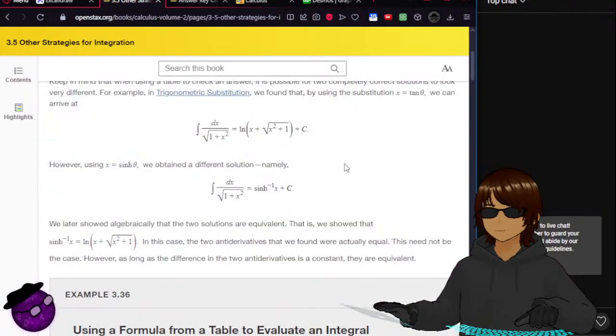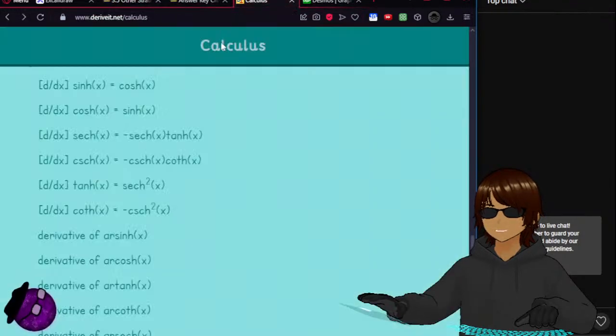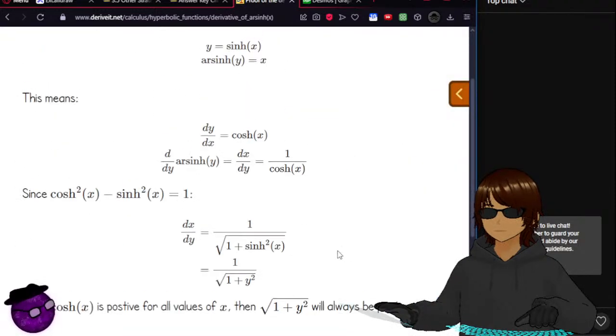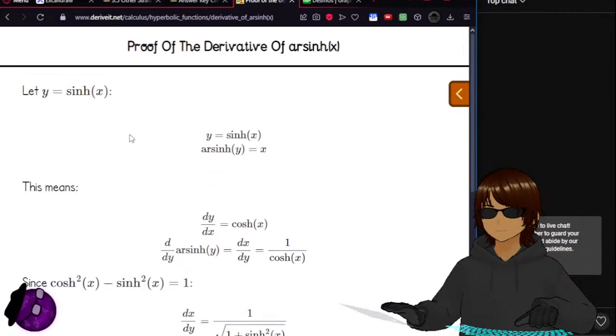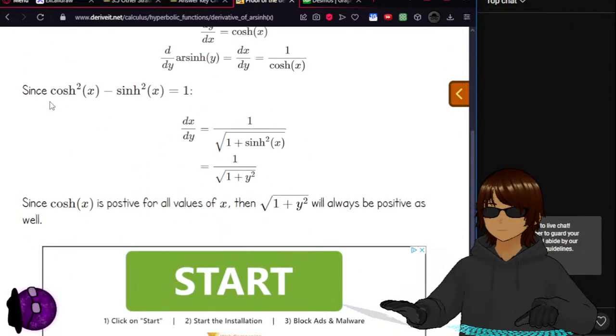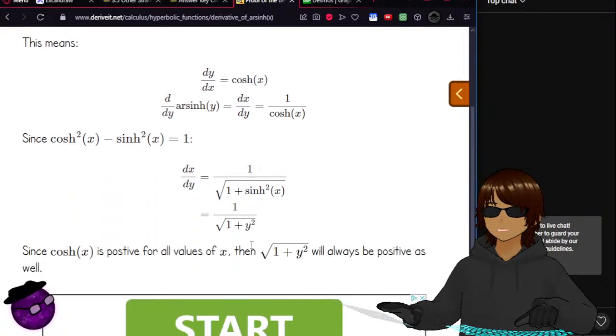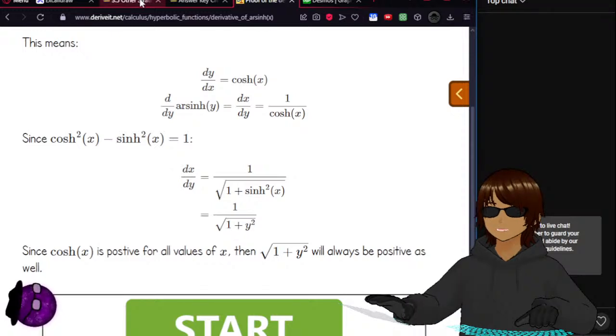Derivative of arc sine. So 1 plus. So arc sine hy, derivating arc sine hy gives you 1 over 1 plus y square.